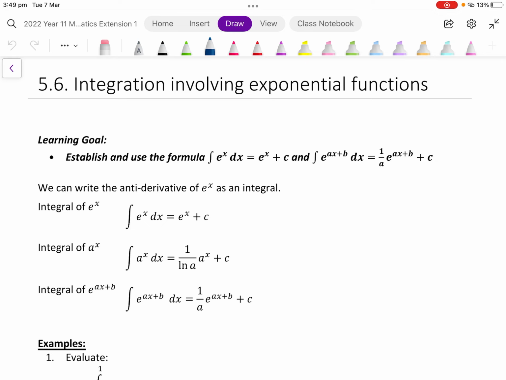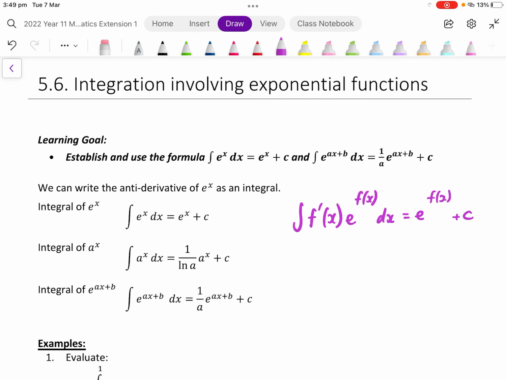plus our c. So on our reference sheet, in terms of exponential functions, we have the integral of f dash x of e to the fx dx is equal to e to the fx plus c.